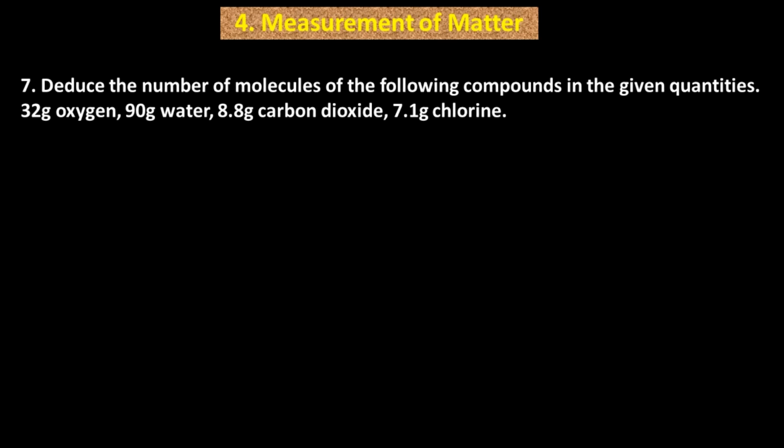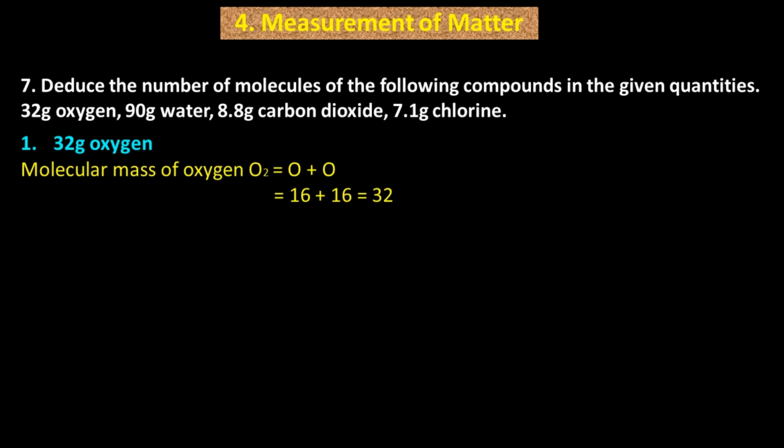Question number 7. Deduce the number of molecules of the following compounds in the given quantities: 32 gram oxygen, 90 gram water, 8.8 gram carbon dioxide, 7.1 gram chlorine. 1. 32 gram oxygen. Molecular mass of oxygen O2 is equal to O plus O, which is 16 plus 16 is equal to 32.